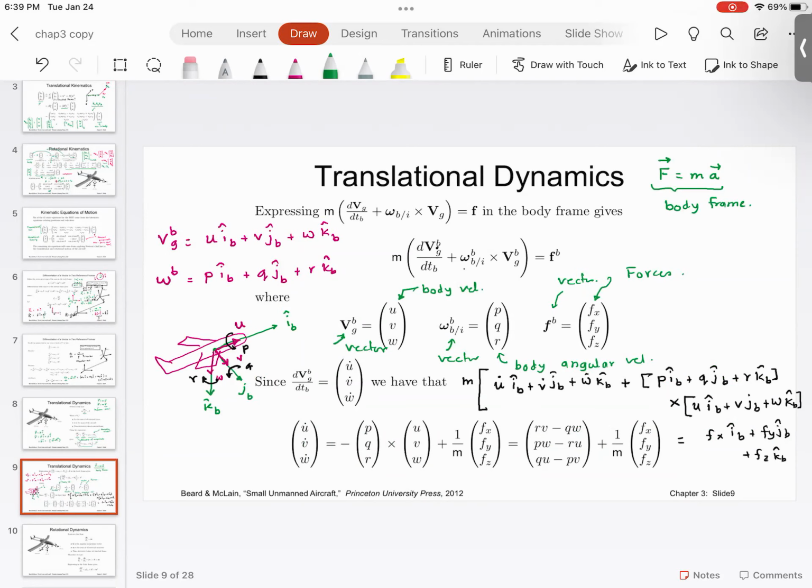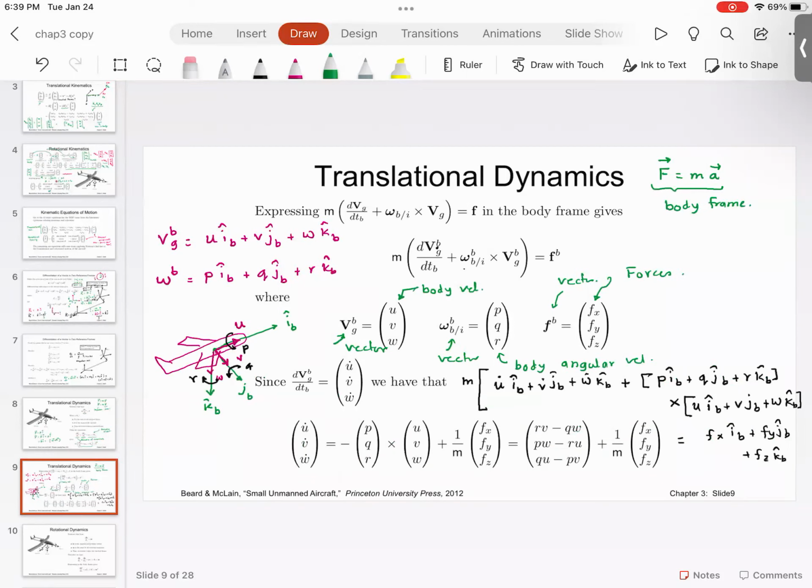Alternatively, if you want to express it directly, you can do a cross product for the column vectors, and let me tell you, the answer is going to be the same.